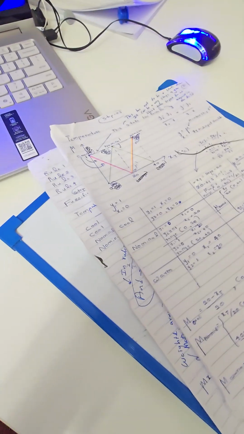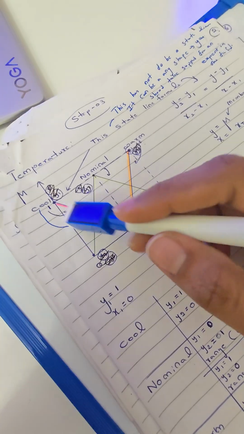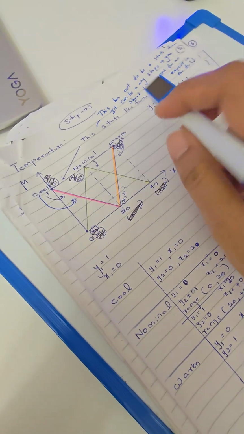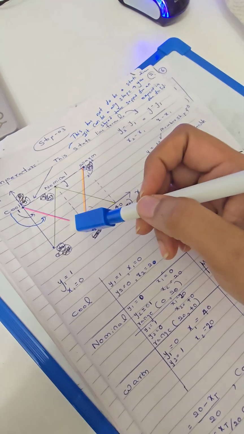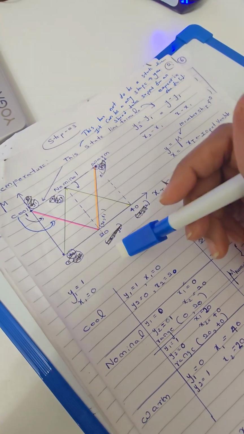Okay, then I told you we should find out membership functions. For that I am making a graph. This is a trigonometric graph. You remember how we made it, and I'm not going into detail about this.